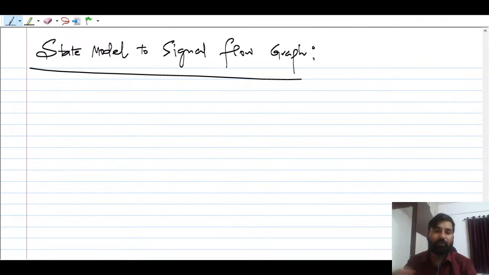That is very important, and you should be able to write it directly, because in future they will give you one signal flow graph and ask whether the state model is controllable or observable or not. So you should know directly.